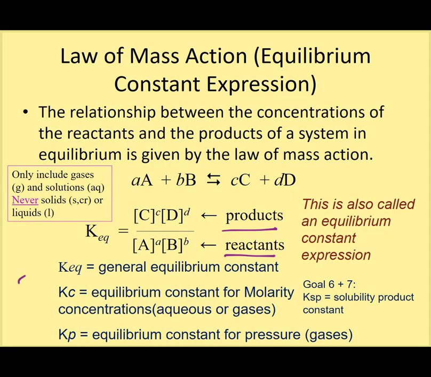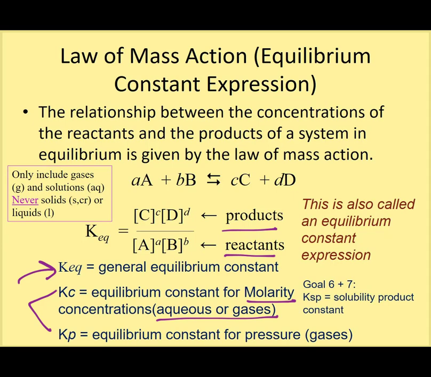As I said before, KEQ is the general equilibrium constant. You will see on the AP test these two values, Kc and Kp. So Kc just means the equilibrium constant for molarity. This again refers to aqueous or gaseous concentrations. And another one you'll see is if there's only gases.